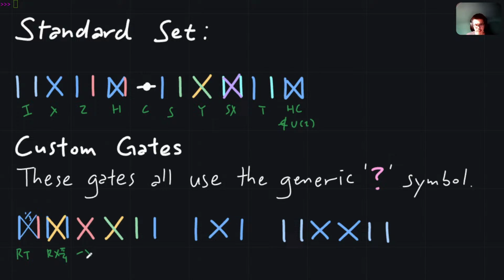This red X is a neg X gate, so it's ZXZ. That gate is a neg Y gate, so neg Y can also be expressed in terms of HYH.